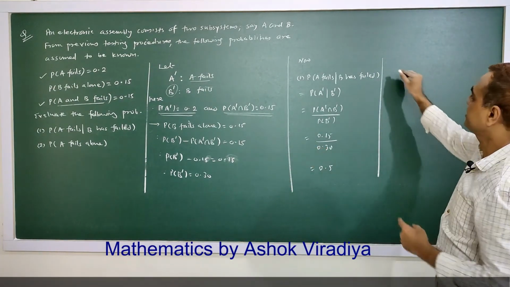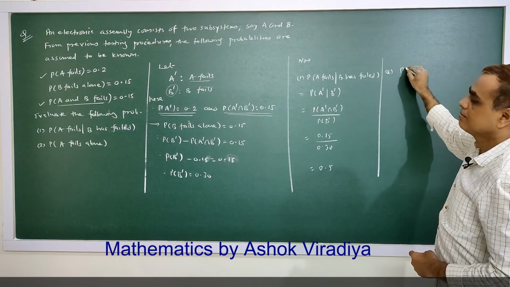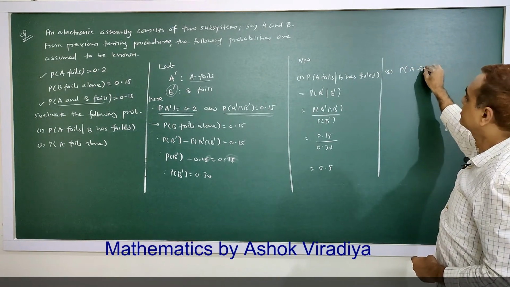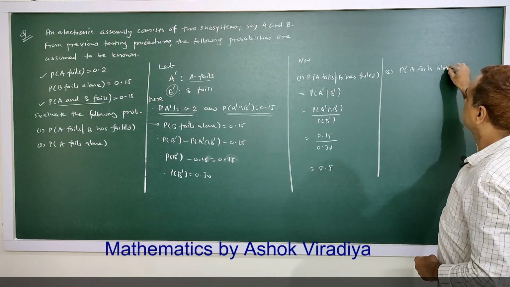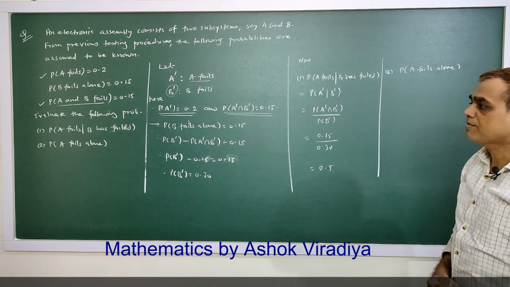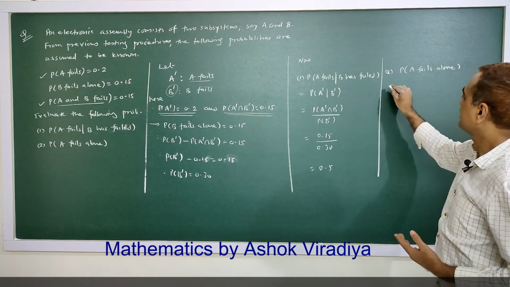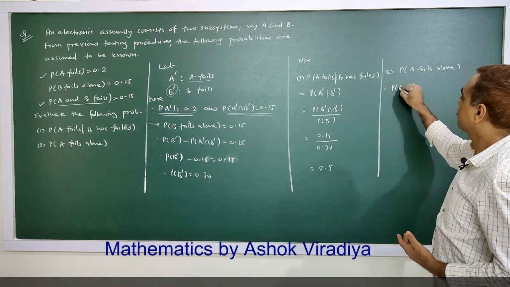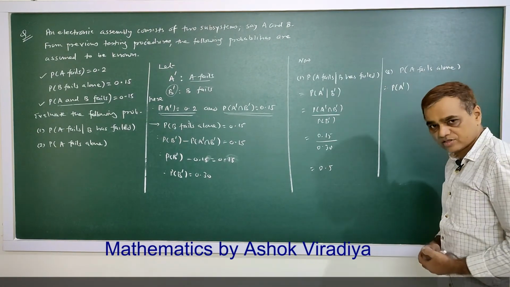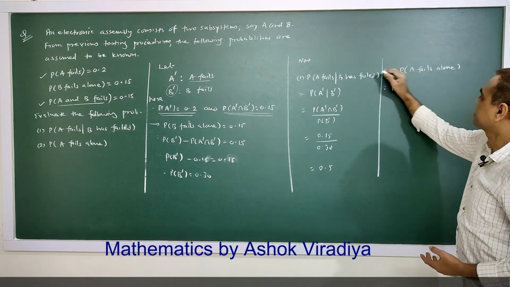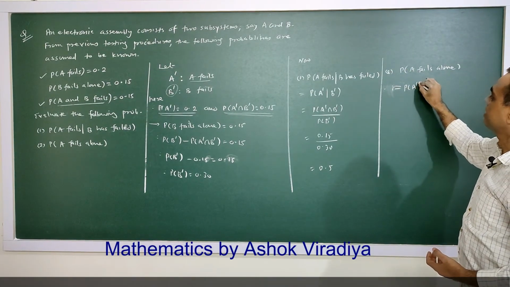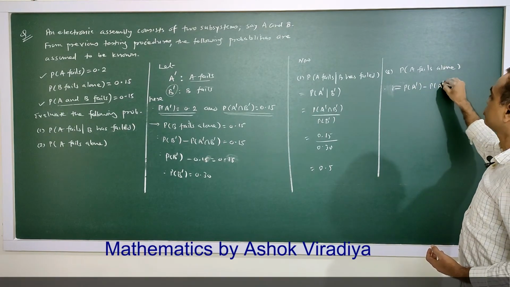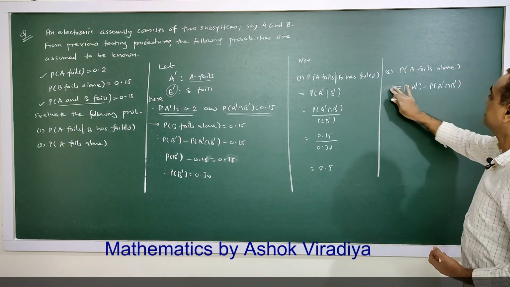And the second question is A fails alone. Probability that A fails alone is equal to probability of A dash minus probability of A dash intersection B dash.